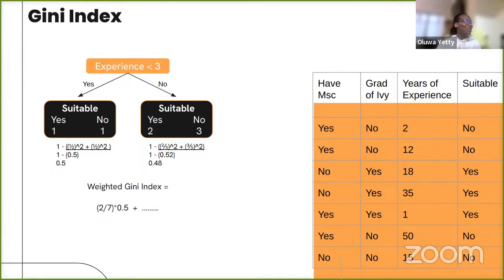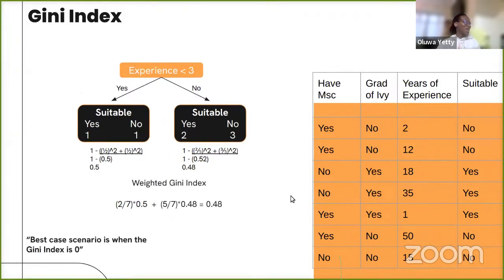Is there anyone who does not understand how we have arrived at 5/7 times 0.48? If you don't, please put 0 in the chat box. Oh, okay. Someone has just calculated everything.